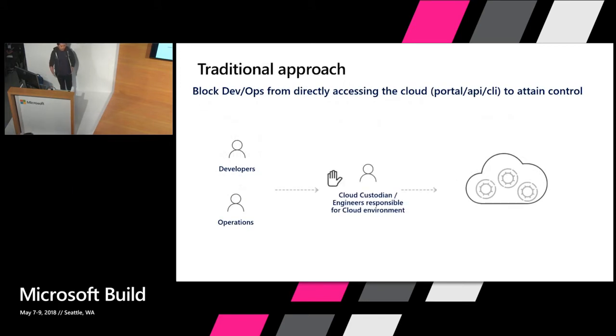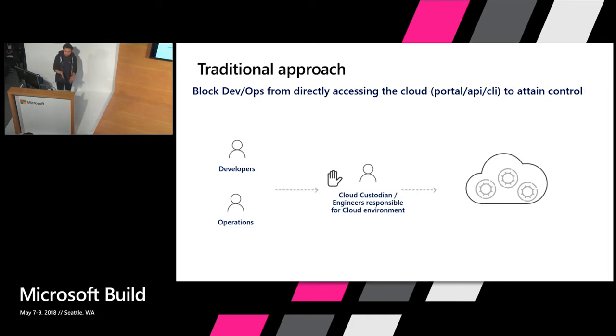So when you're in that situation, what is the traditional approach in which people handle this problem? A lot of times, the central cloud engineering team that owns the tenant and hands out all the subscriptions to the application teams blocks the application teams from having direct access to the cloud environment, taking away the API access, portal access, or CLI access, and puts in another shim in the middle.